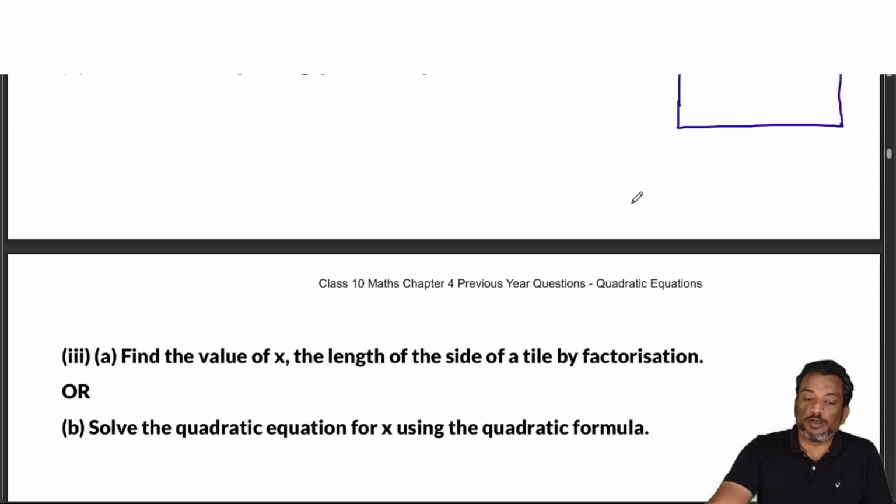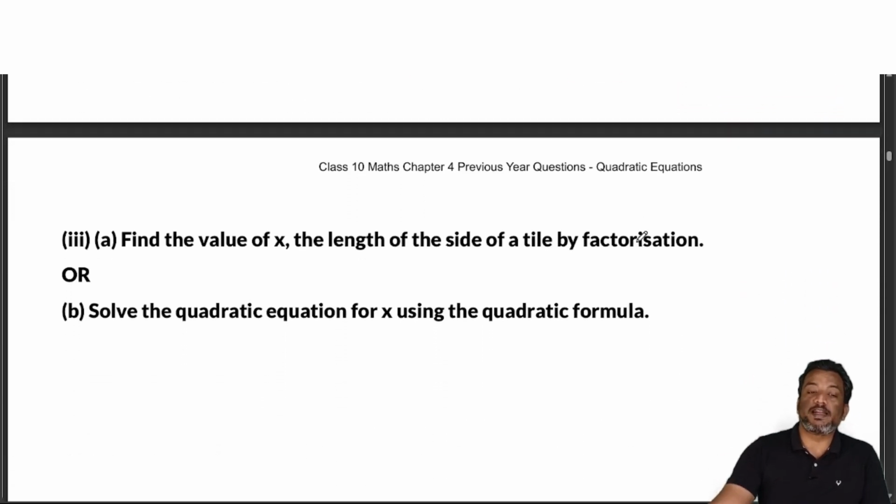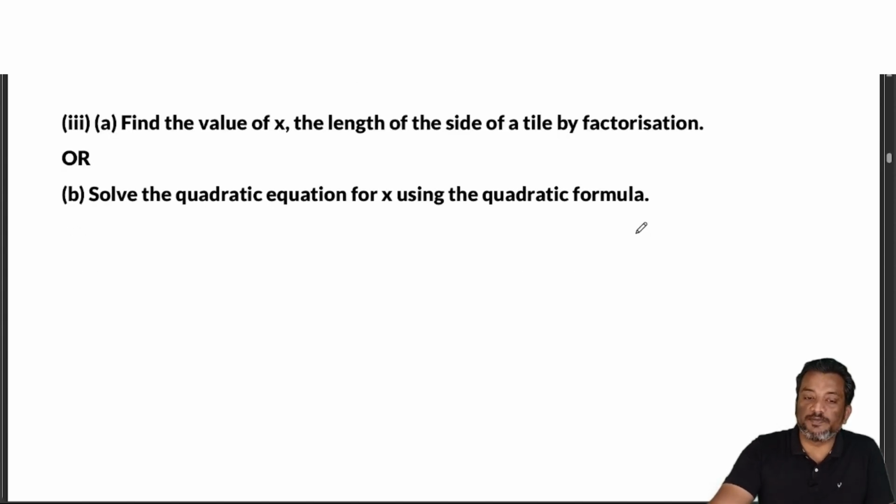Okay, now third one, it is saying find the value of x and the length of the sides of tiles by factorization. Second one, solve the quadratic equation for x using the quadratic formula. So either you can use the factorization method, here you can see the factorization method is also given, as well as the quadratic equation formula is also given. So you can use any one. Okay, so we will see.